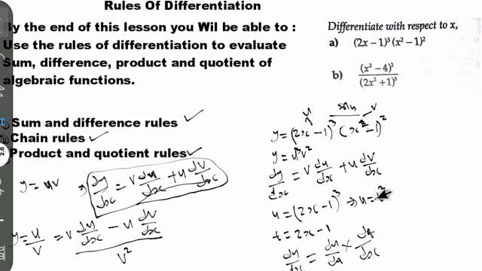Now let's differentiate this one with respect to t. If you differentiate with respect to t, du/dt, this one becomes 3t raised to the power of 2.